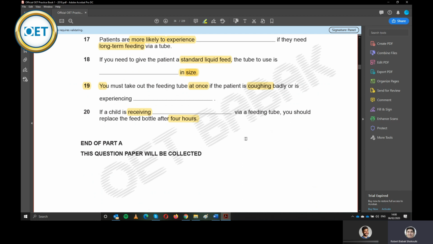What I'm saying is this: the last two questions, they were easy, weren't they? So if the patient is coughing badly or is experiencing breathlessness, or if a child is receiving what, if you don't have enough time to see these two questions, which are so easy, you've lost.